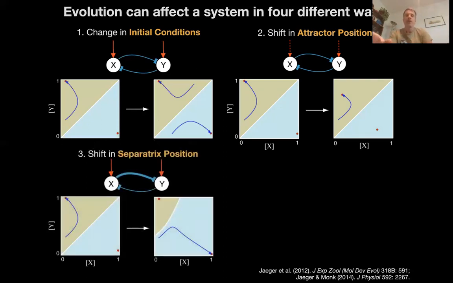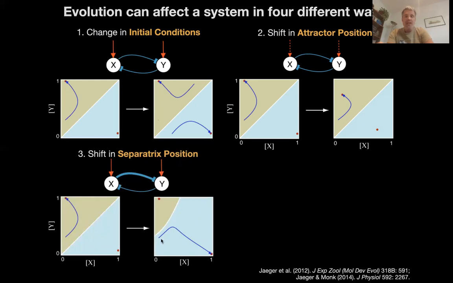The third possibility is, for example, if you make repression asymmetric, so one of the repressive interactions becomes much stronger than the other. What you do is you shift the separatrix. And actually, it now looks like this. So if you start at the same point, you suddenly converge somewhere else, even though you start with more Krupel than giant.